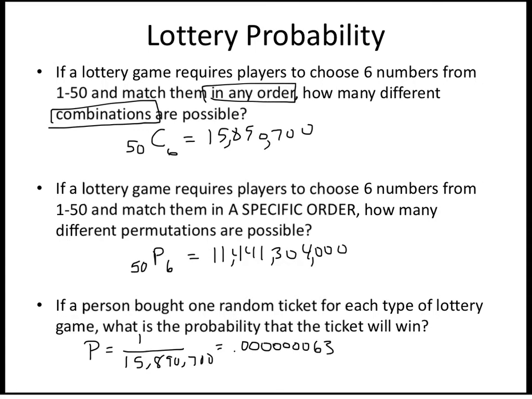So that is a really, really tiny chance that that one ticket will win. Well, if we did the same thing with the other type of ticket, the probability would be 1 over your 11 billion.